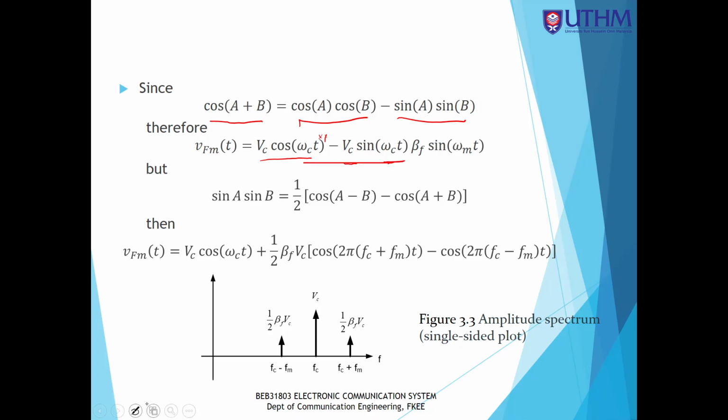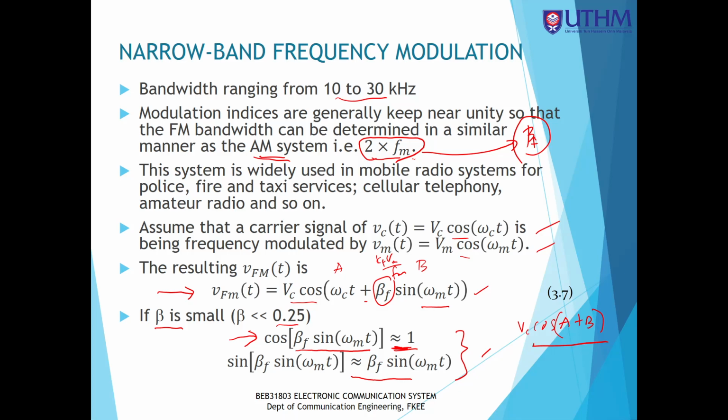What is sin B? Sin of beta F sin omega Mt is approximately equal to beta F sin omega Mt.